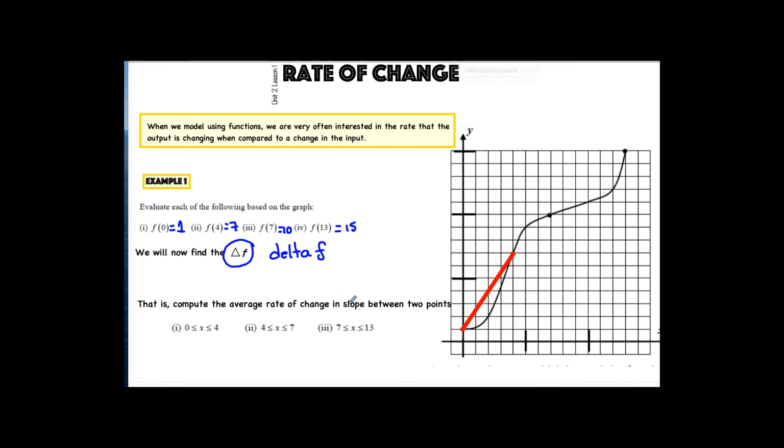So the average rate of change is simply computing the slope between 2 points. Here we are asking when x is 0, when x is 4, which we have up here. So basically, this is asking me for the change in y over the change in x.